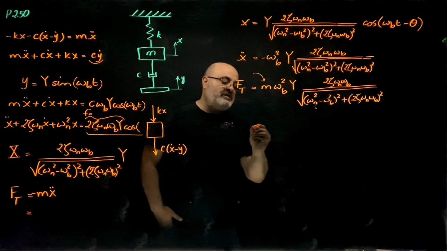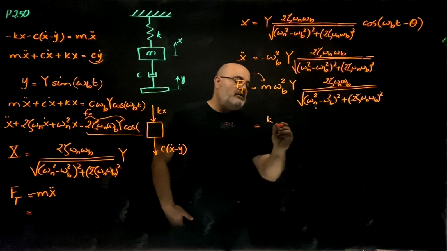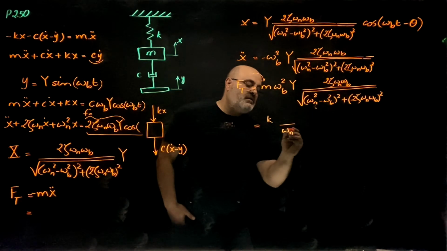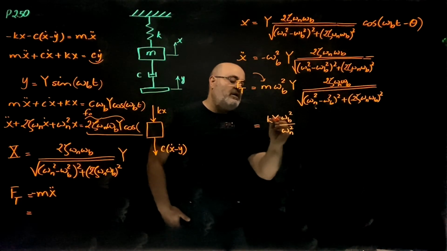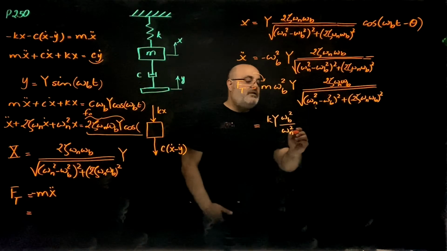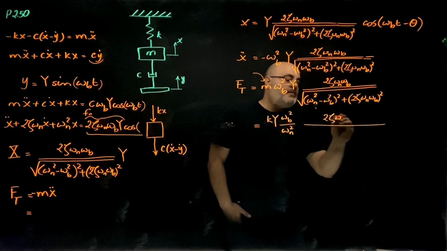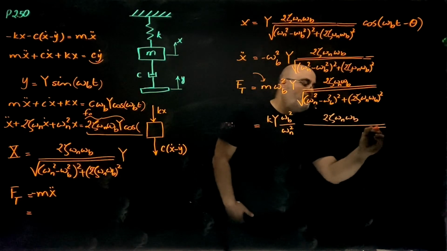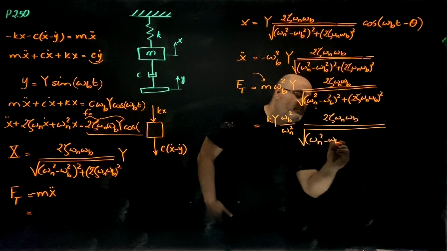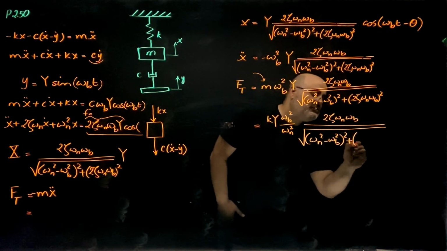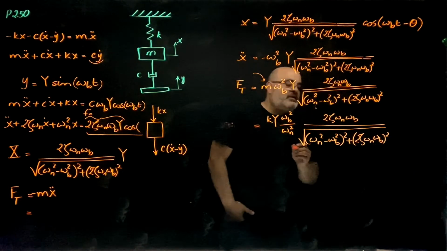So we'll replace m by k divided by omega n squared, times omega b squared, and then I have Y times the same expression, omega b over the square root of (omega n squared minus omega b squared) squared plus (2 zeta omega n omega b) squared.